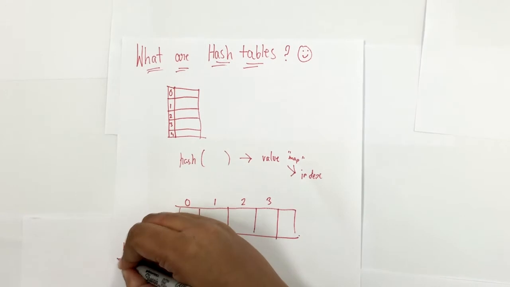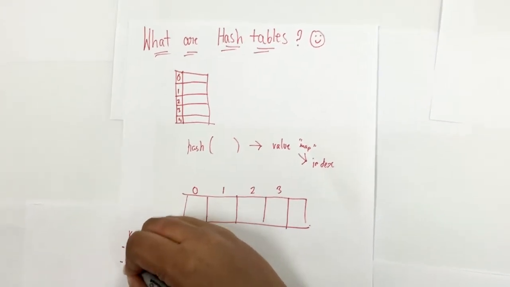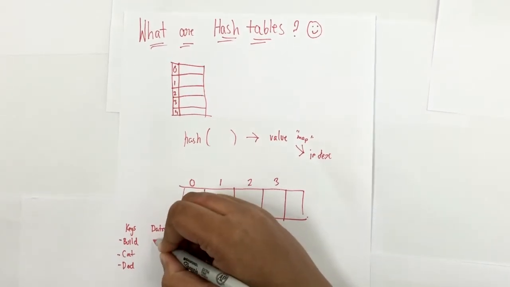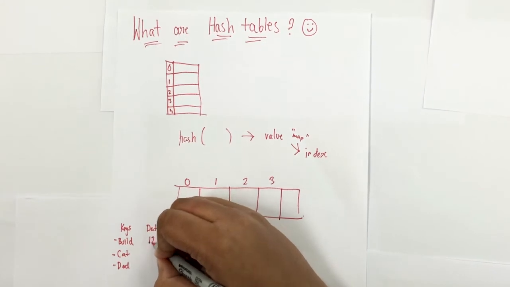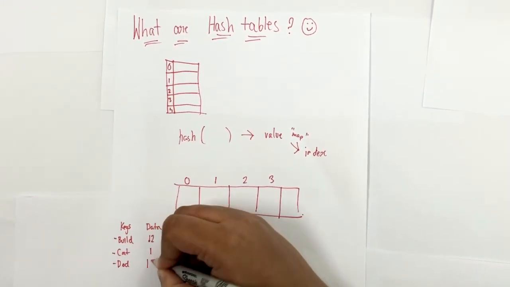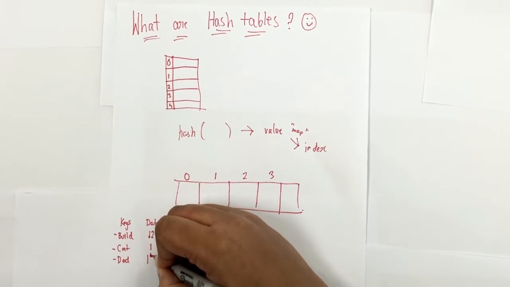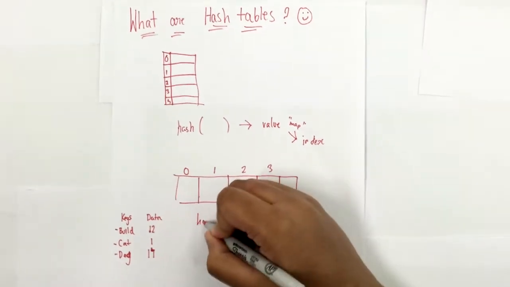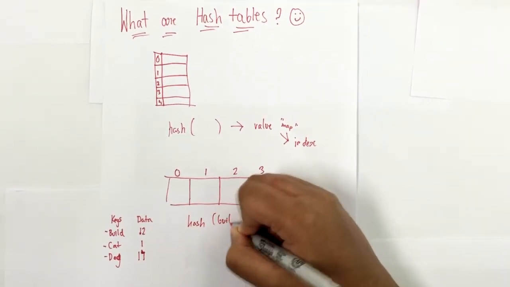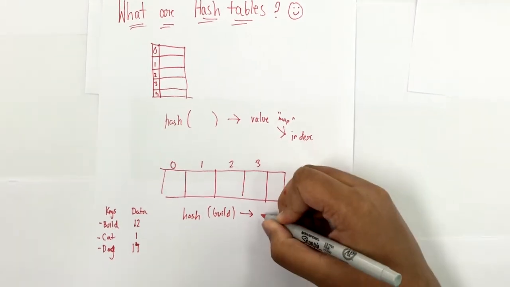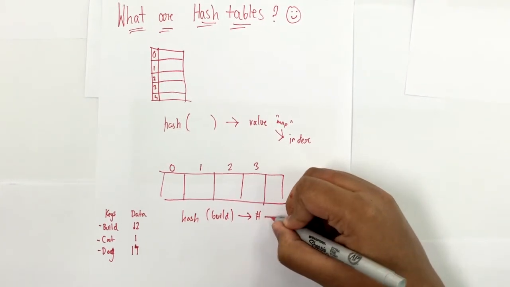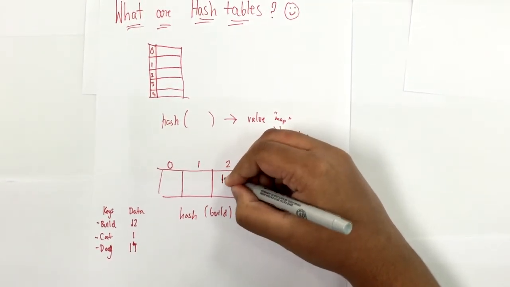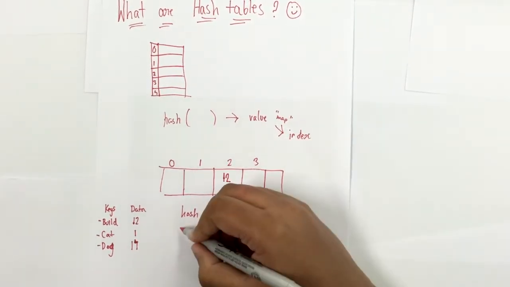Let's use keys Build, cat and dog, and their records, or the data we are going to store. Let's say for Build it is 12, for cat the data we want to store is 1, and for dog we want to store 14. If we insert Build into a hash function and it returns a hash value which maps to index number 2, then the data 12 will be stored in index 2.